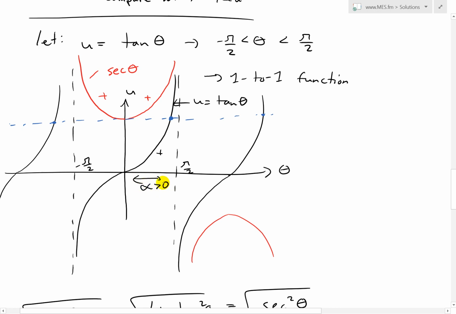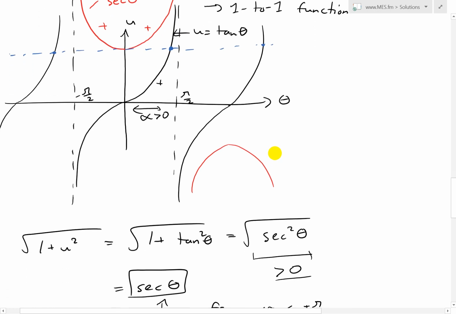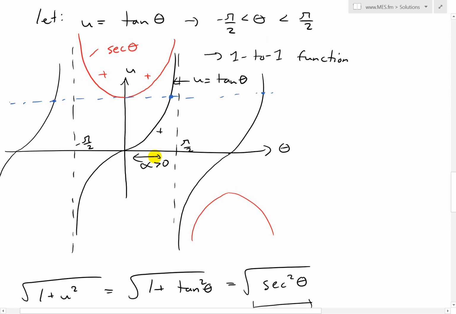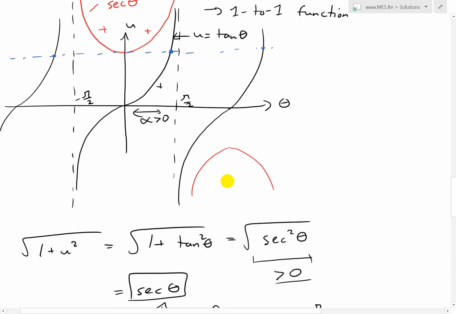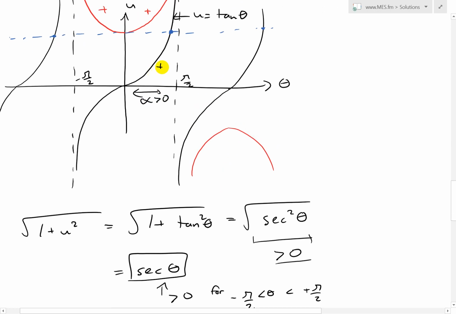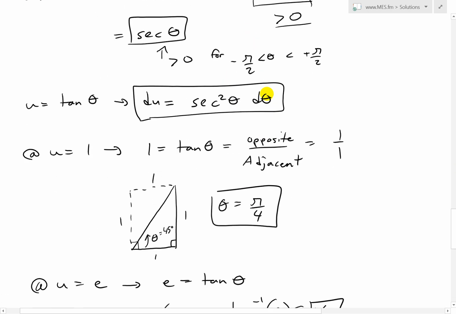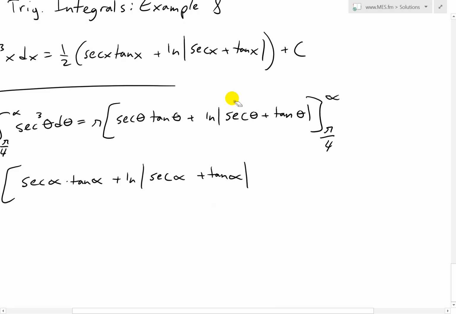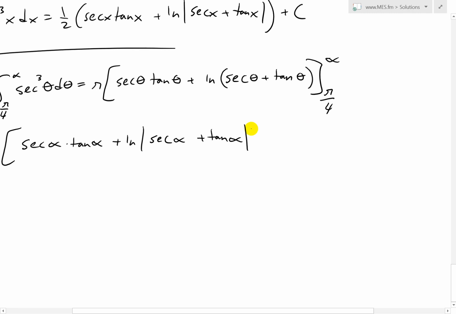So alpha is greater than 0 because the value e, 2.718 or whatever, is somewhere around here, and so that makes it positive as well. And pi over 4 is also positive. Since we're integrating from pi over 4 to this alpha, we're only dealing with the positive side. So that means we can just get rid of this absolute value sign right here. This whole thing is going to be positive values, so it doesn't matter if it's absolute value, it's always positive anyway.